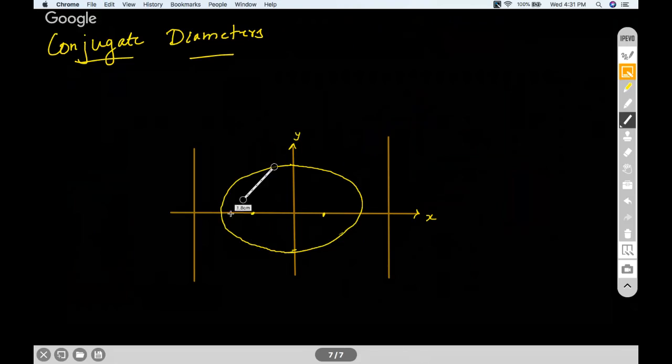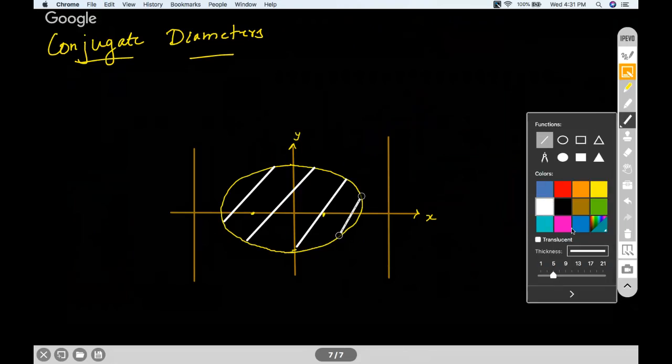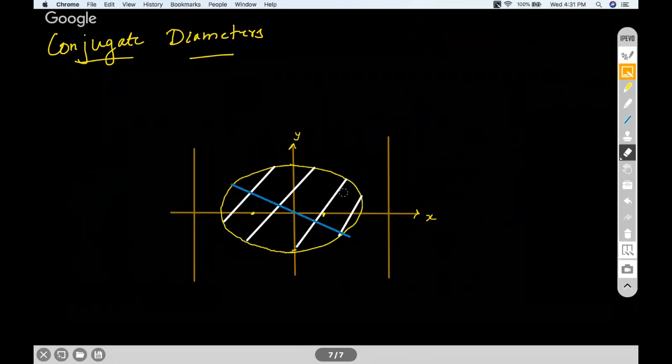So let's say this is a system of parallel chords. And this is a diameter which bisects these parallel chords. So basically consider this to be bisected.